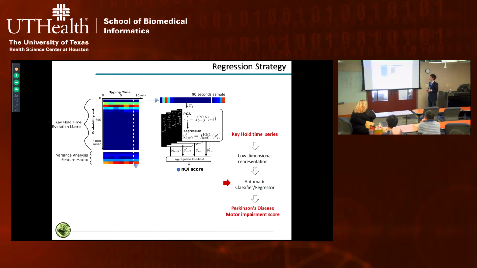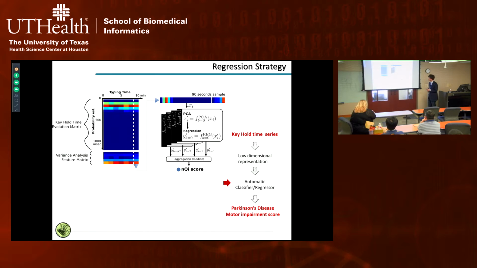I don't want to go too much into details again about the classifier and the regressors, but essentially the classifier uses these 90-second samples, and then it runs, with a bagging approach, loads of different little estimations. Each little estimation has a sort of manifold learning, which is based on linear PCA, and then we have a regression component based on support vector machines with a kernel.